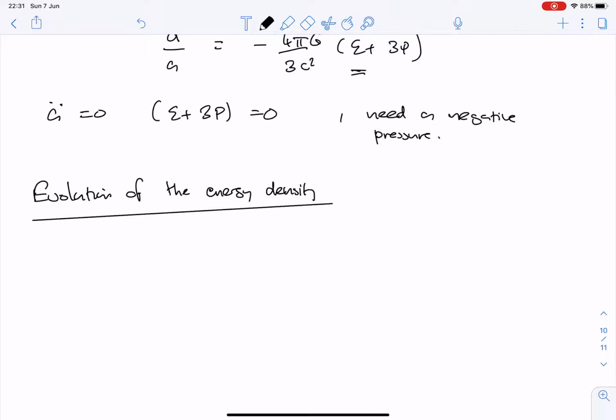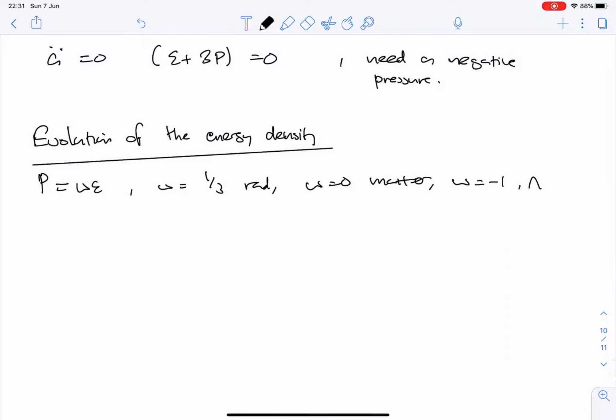And we can note we can do this for three different cases: P equals wE, where w equals a third for radiation, w equals 0 for matter, and w equals -1 for lambda.